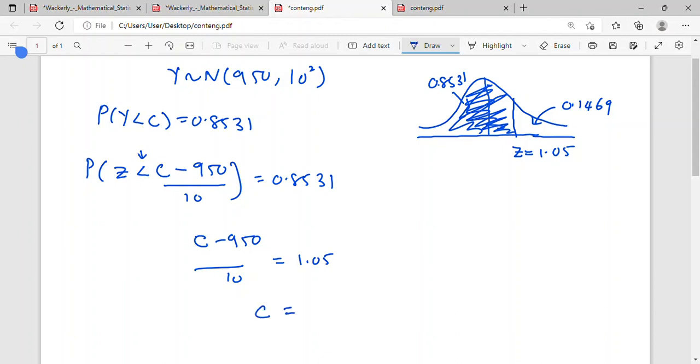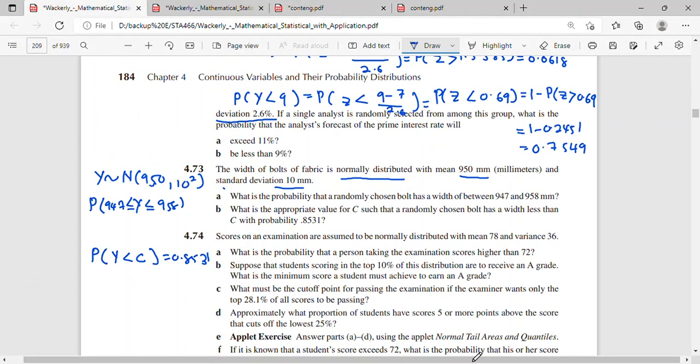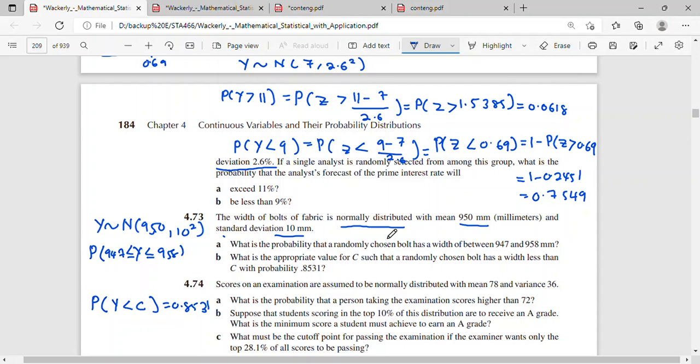So we can find the value of C. It is 960.5. Okay. Alright. So that is how to tackle this question.